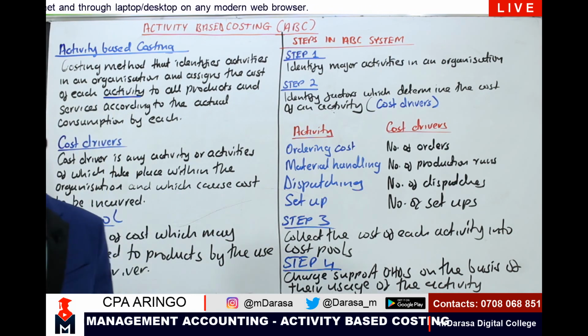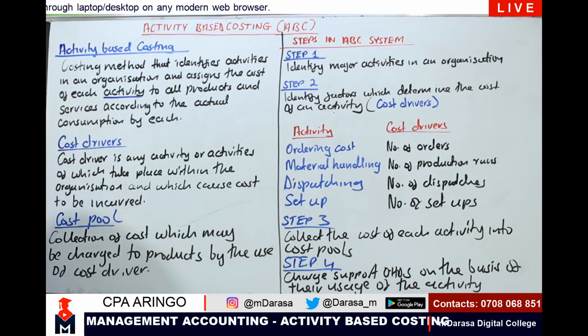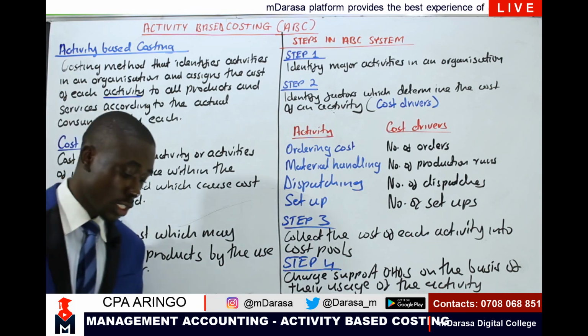Some of the steps that we must always consider whenever we are looking at ABC. Whenever you're talking of the usage of the activity, ideally you're talking of a product's usage of an activity. It's measured by the number of activity cost drivers it generates.